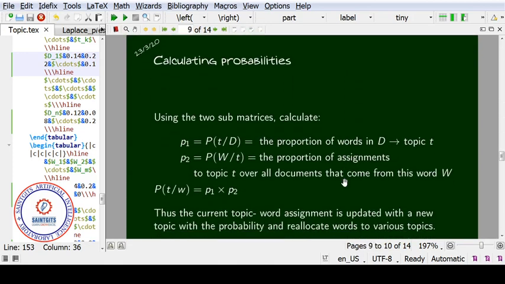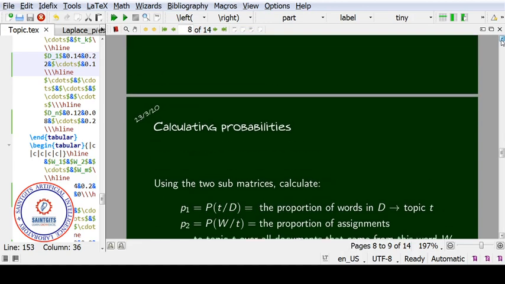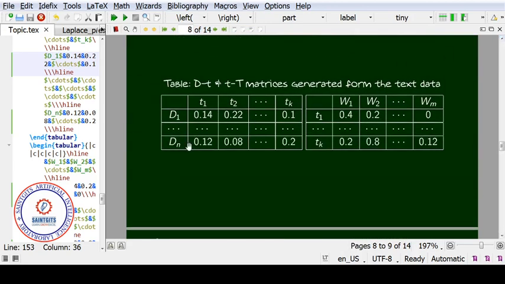Calculating the probabilities. We are using two probabilities, P1 and P2. P1 from our first submatrix, P2 from the second submatrix. Look into this. This is my document topic matrix. This is my topic term matrix.